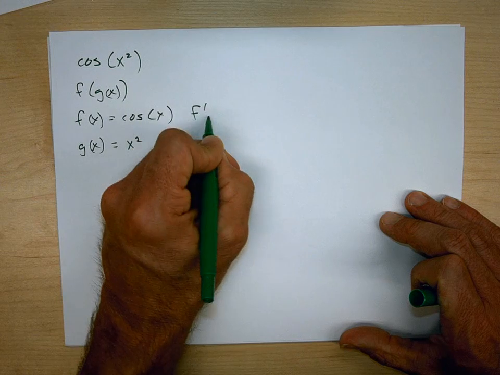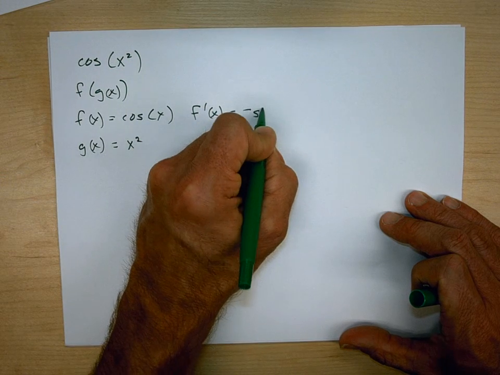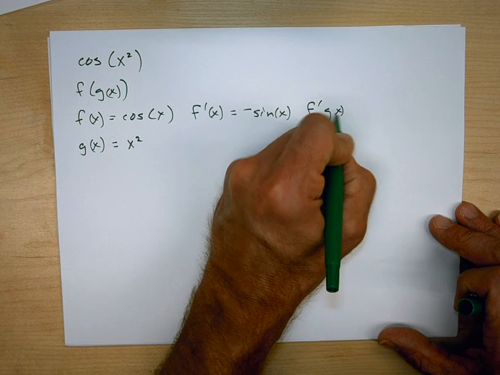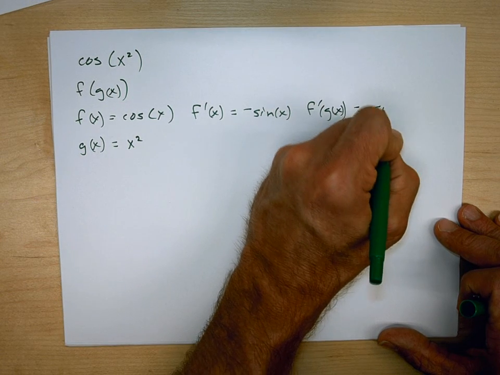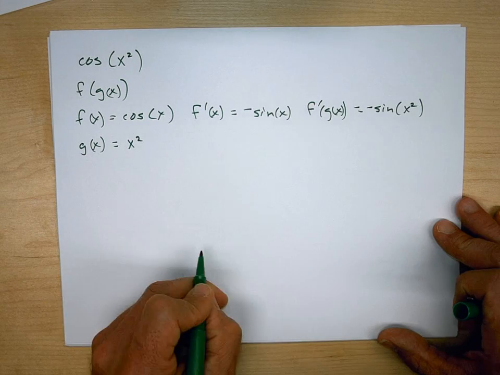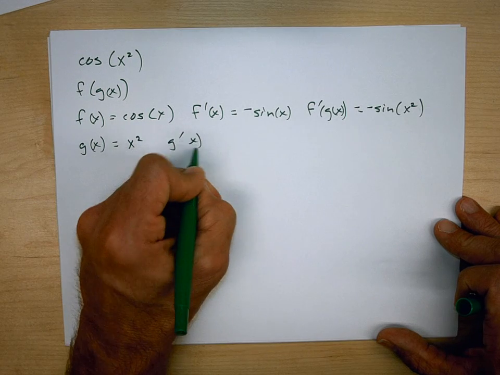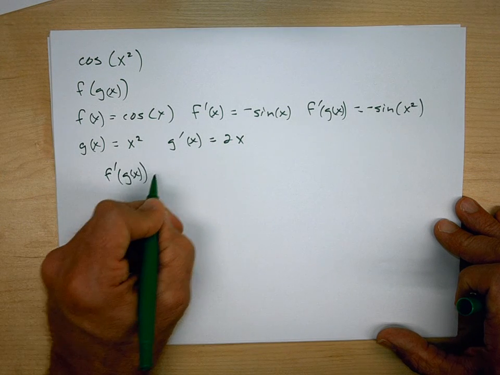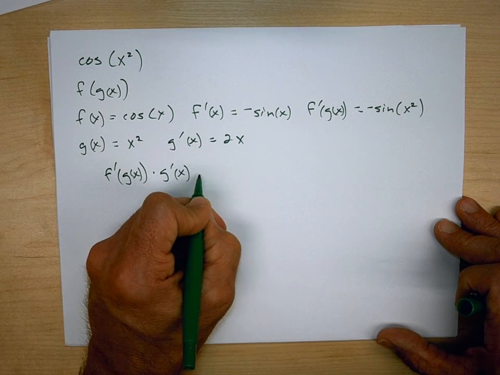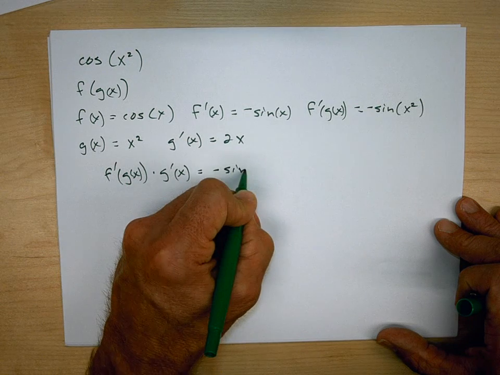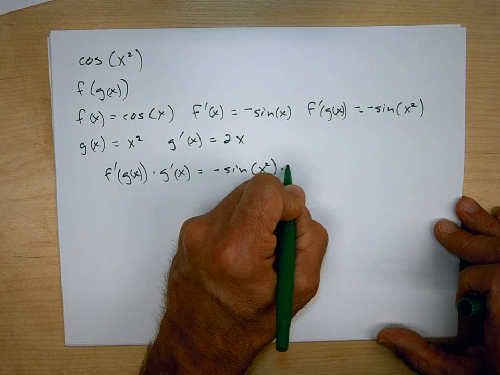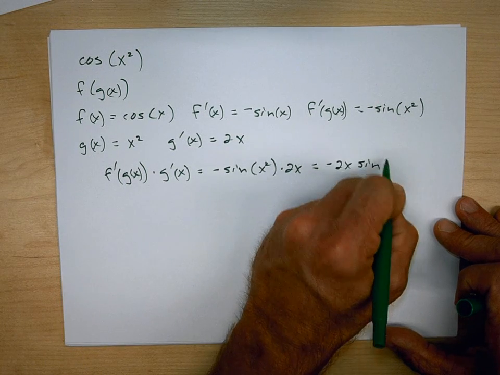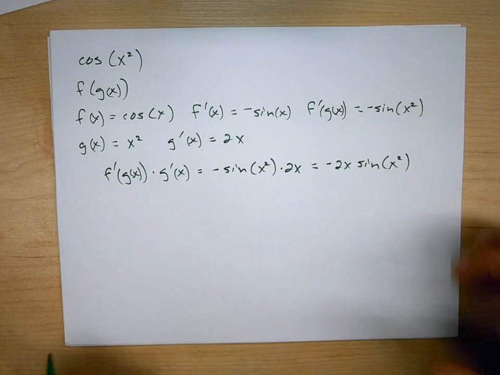So f prime is negative sine, and f prime of g of x is negative sine of x squared. And then g prime, of course, is just 2x. So f prime of g of x times g prime of x is negative sine of x squared times 2x, which we might write as negative 2x sine of x squared.